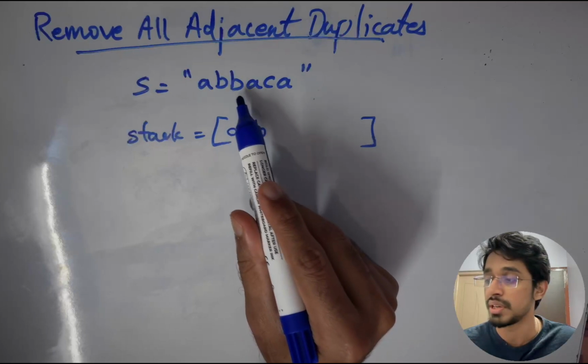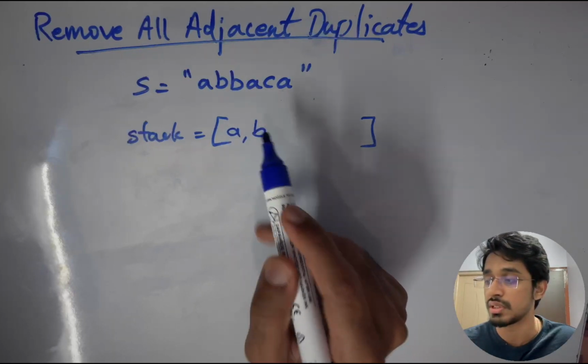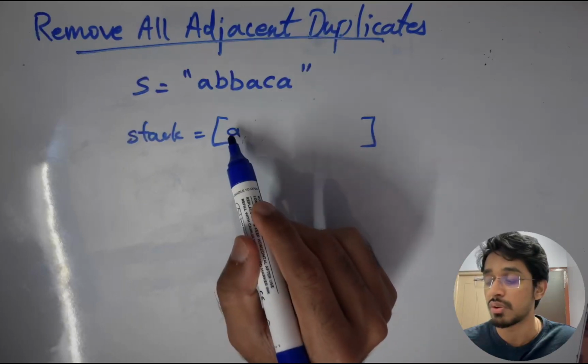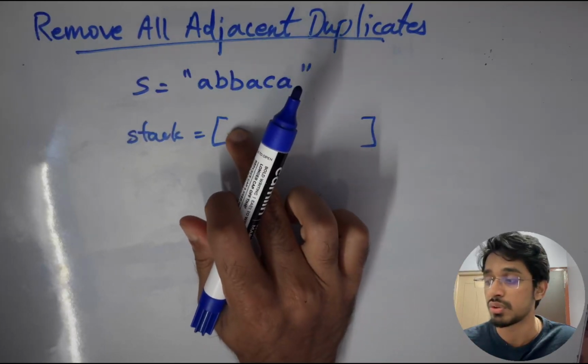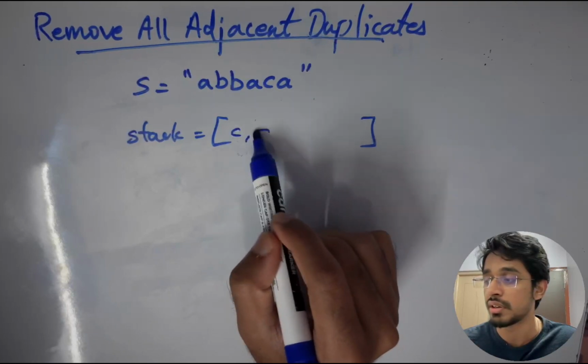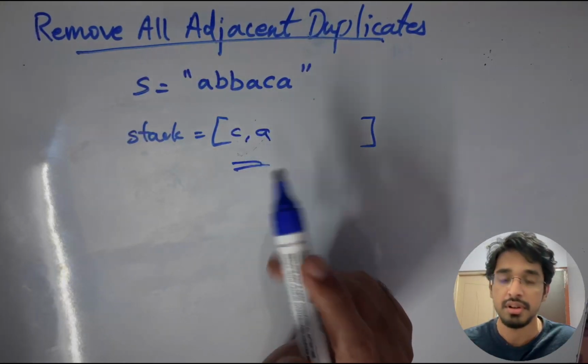You see that B exists in our stack, so we just pop this element off the stack, and then move to A. Again you see that A also exists within the stack, so we also pop A off the stack, and then we add C over here, and then we add A. Finally we return the stack itself. I hope that's clear.